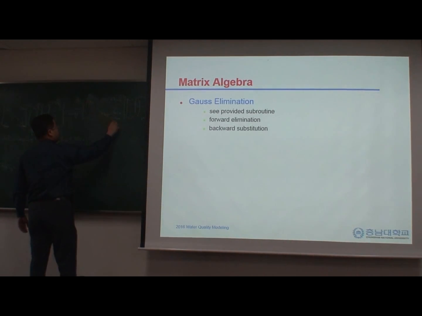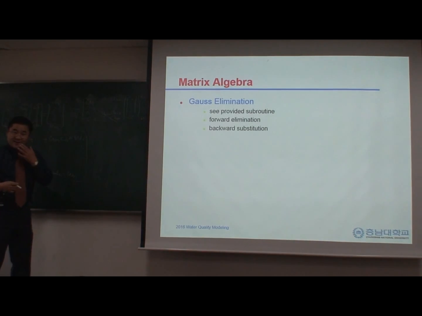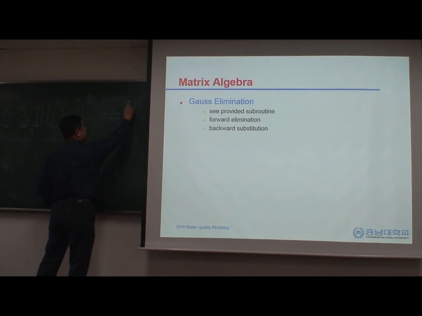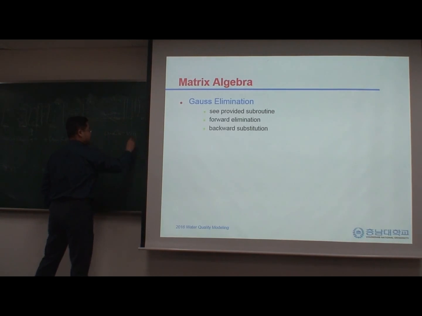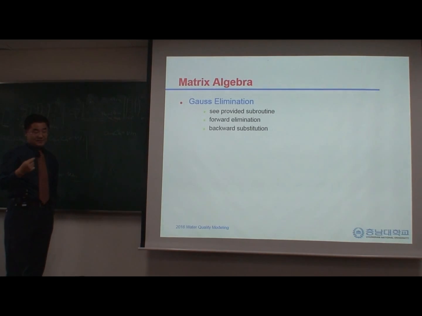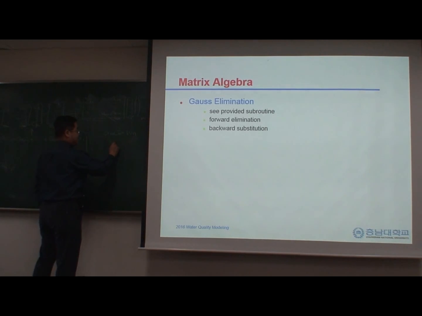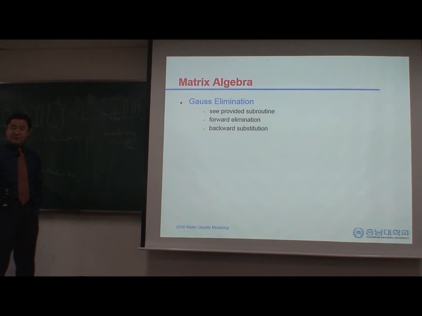If you are successful in making everything under the diagonal 0, then what is my last equation? I multiply 0 times C1, 0 times C2, 0 times whatever, and eventually I have Ann Cn equals Wn, right? Then it's easy to calculate Cn, which is Wn divided by Ann.